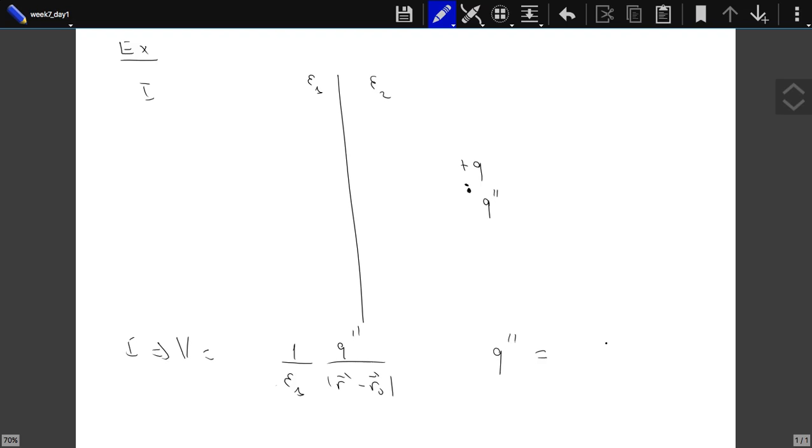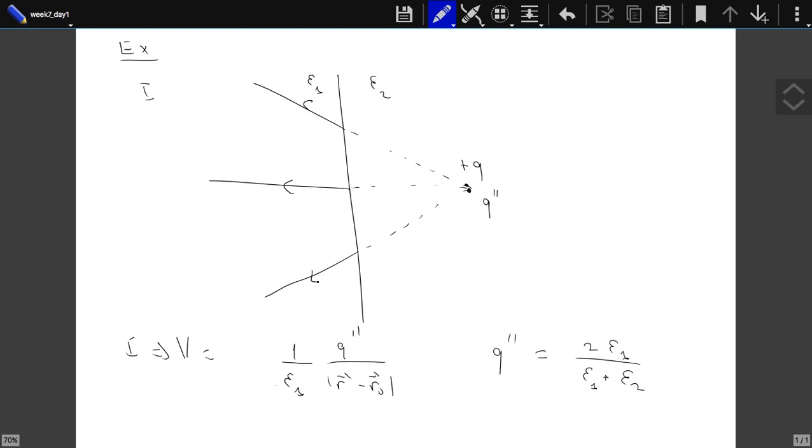Well, we already know what the field lines corresponding to this one look like. These are just radial lines from the position R0, right? So in region 1, the electric field lines are just straight lines. They are converging to the point R0. And Q double prime was twice epsilon 1 over epsilon 1 plus epsilon 2.